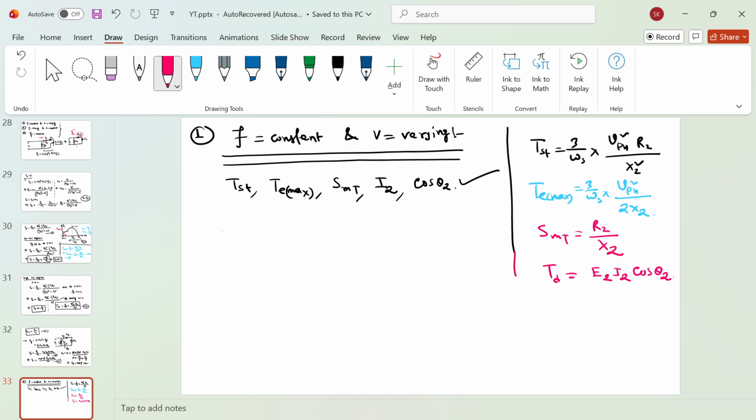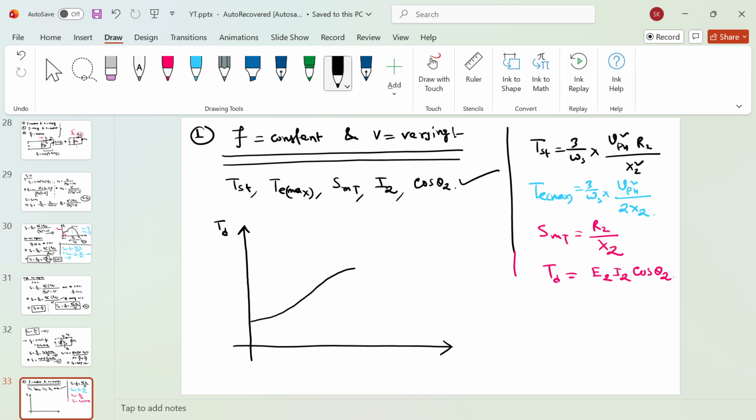Now let's say initially the torque characteristics of the induction motor, for any slip or any voltage, was like this.